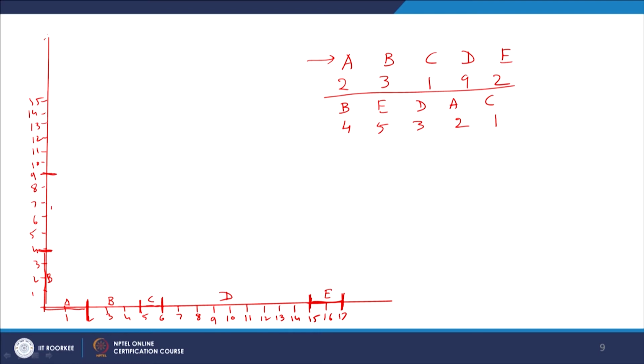So, this is E. Then it is 3, 1, 2, 3. So, this is D. Then it is A for 2, 1, 2, this is A, and for the final one it is C.